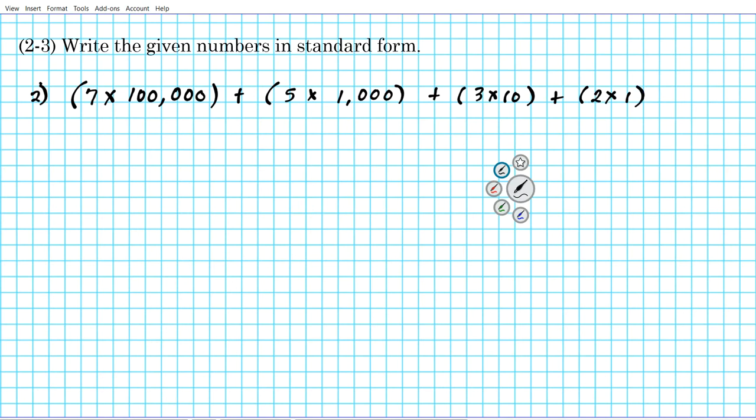Okay, so the task here is to write this number. This is in expanded form, okay? So this is expanded. So the goal is to write it in standard form. So let's go ahead and do that.